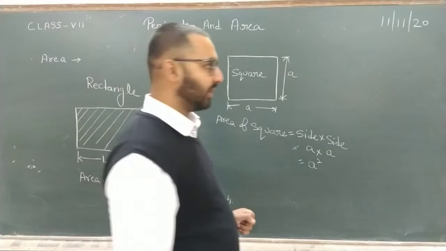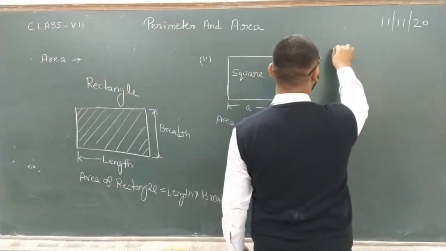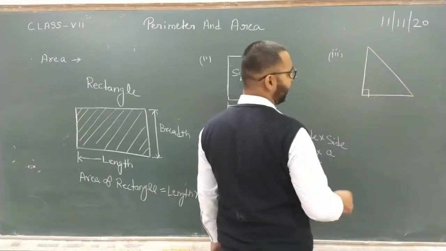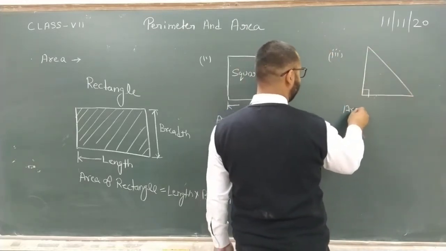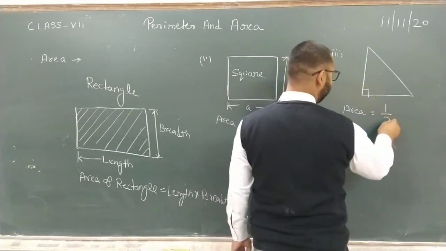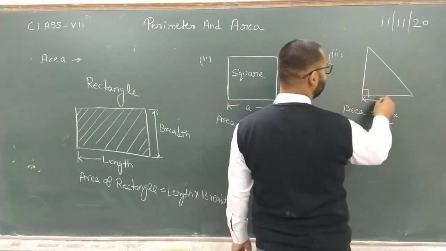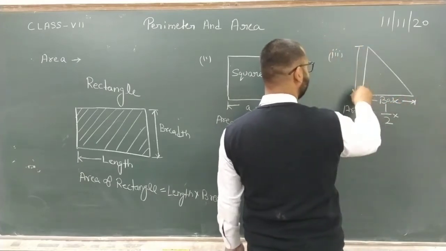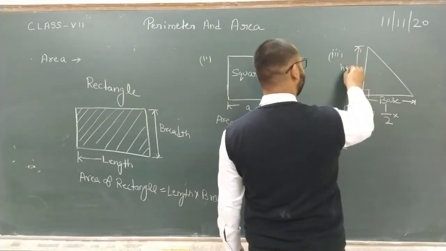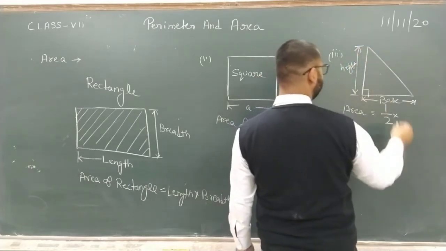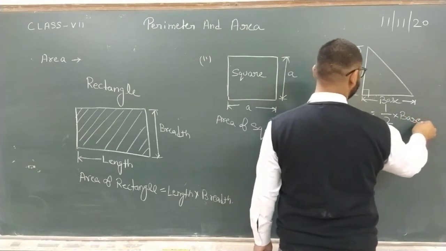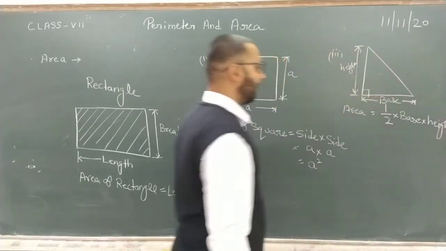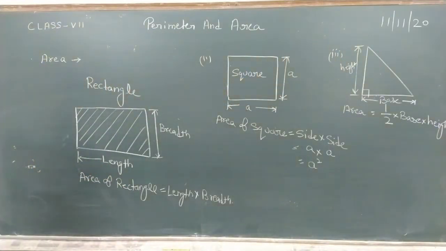Fine. Third is the right angle triangle. So the area of a right angle triangle is half, if this is base, half multiplied by base multiplied by height. Though we have done all these things in class 6 also, I am telling you just to recapitulate. I hope everything is clear to you till here.